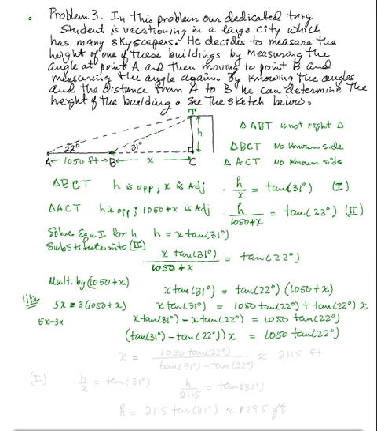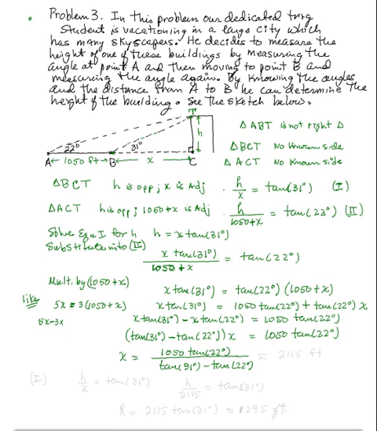And the final step is to divide through by that number that's multiplying x, the tangent difference there. So x then will be 1,050 times the tangent of 22 degrees divided by the quantity tangent of 31 degrees minus tangent of 22 degrees.